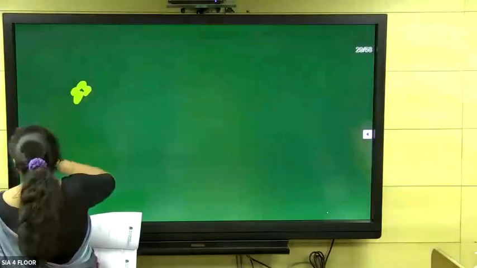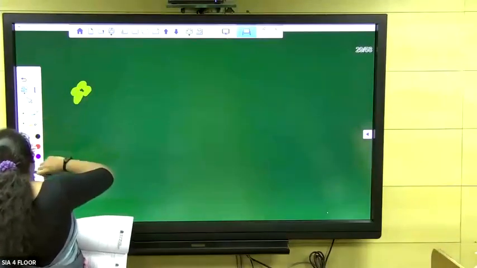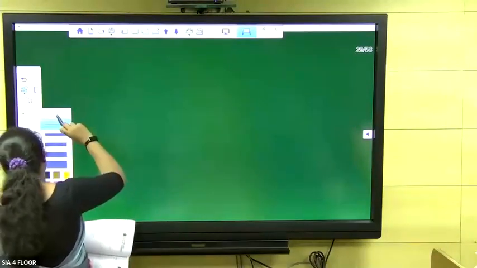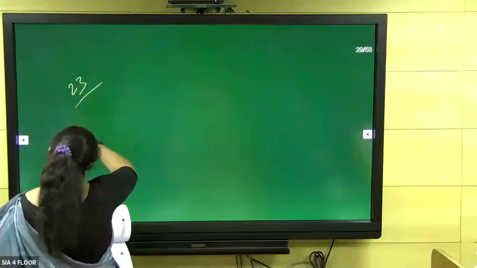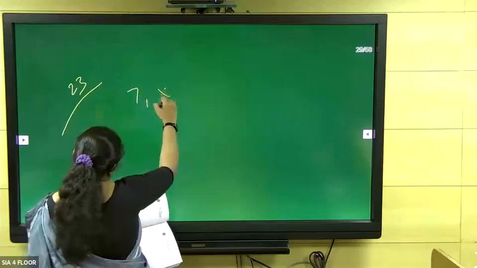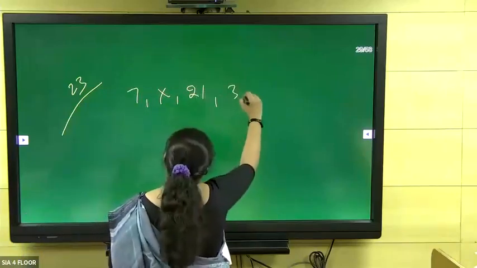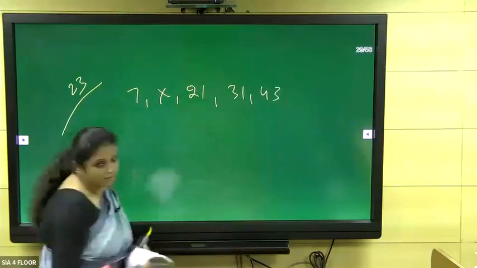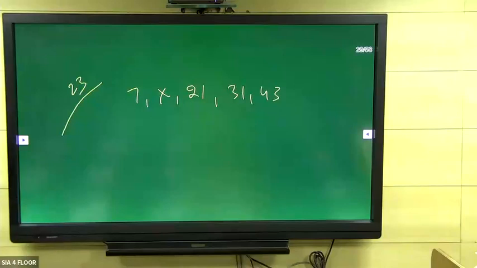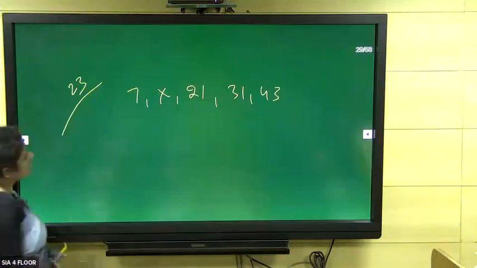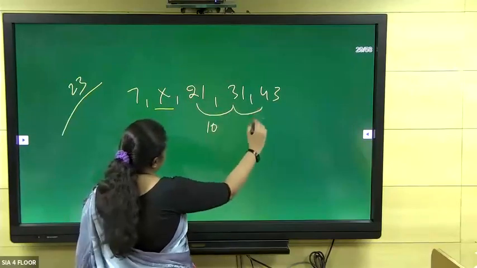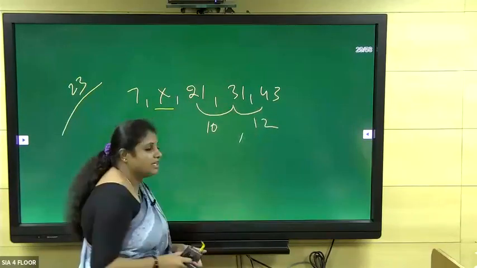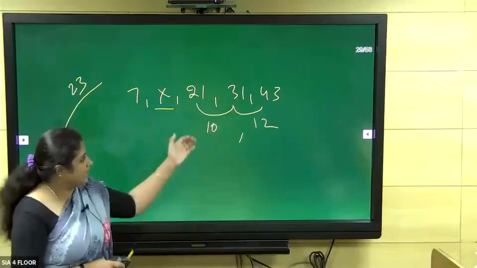Okay. So next is 23. Okay, so x needs to be found out. So between 20 and what is the difference here? 10, here it's 12. So 10, 12 it means that it's getting increased by 2.